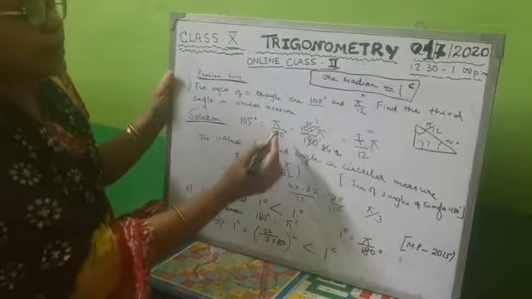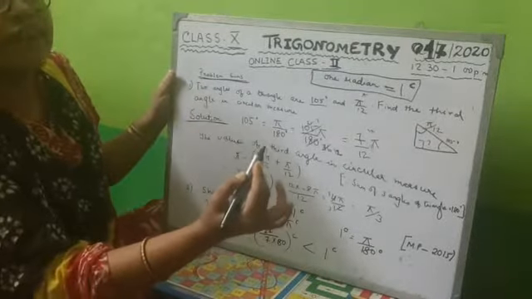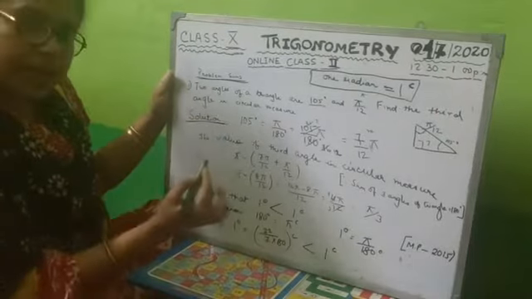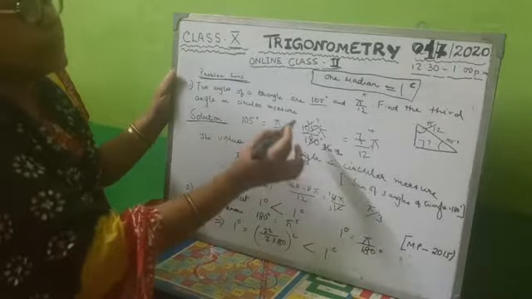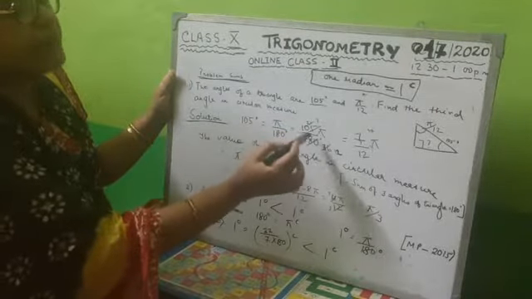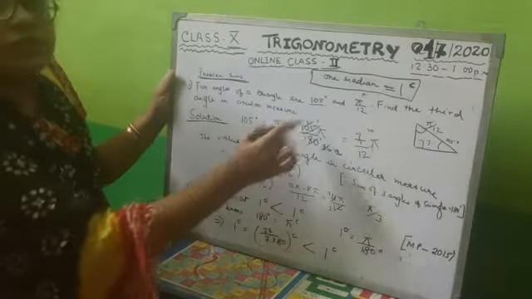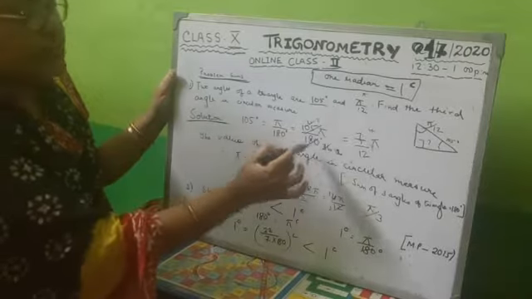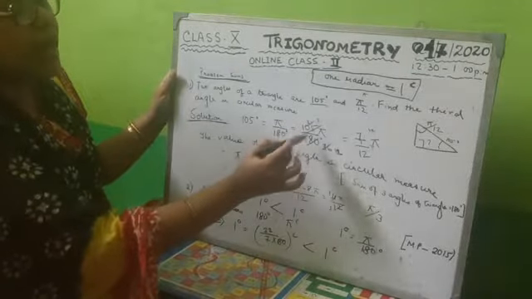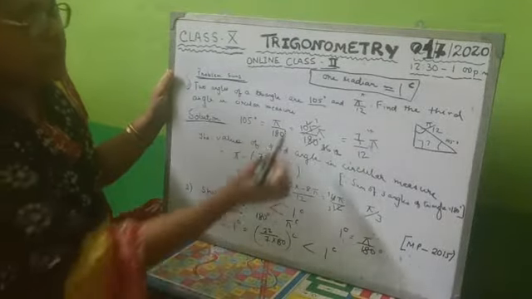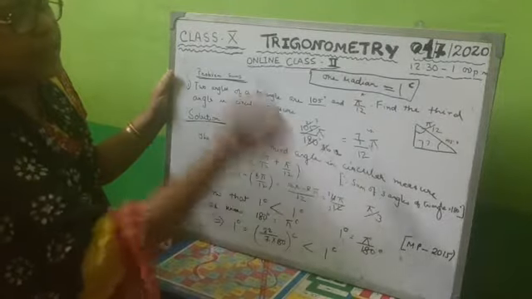Pi by 180 into 105, that will give you 105 into pi by 180. Reduce it. We can reduce it by 5. We will get 21 by 36.